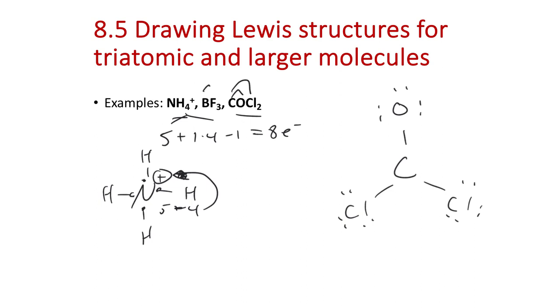And you guys see how that right off the bat looks a lot like BF3. Now let's count up our valence electrons. Maybe we should have started there, but 4 for carbon, 6 for O, 2 times 7 for the chlorines. And so that's 24 electrons. And I've distributed 24 electrons.